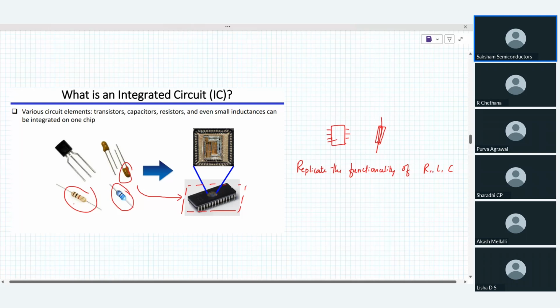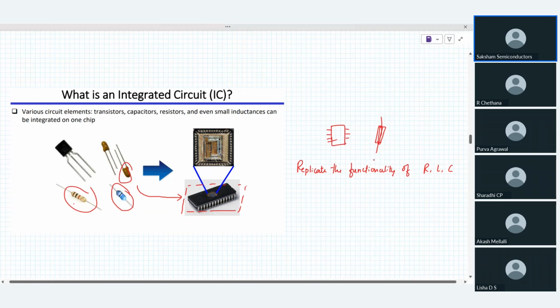Because wherever you go, we cannot avoid RLC. At least one of the components would be there in your circuit. Of course, power supplies, voltage, and current sources would be there. Those are the supplies. But component-wise, RLC, one of these components or all of them would be there in your circuit. Now, if I replicate the functionality, what does that mean?